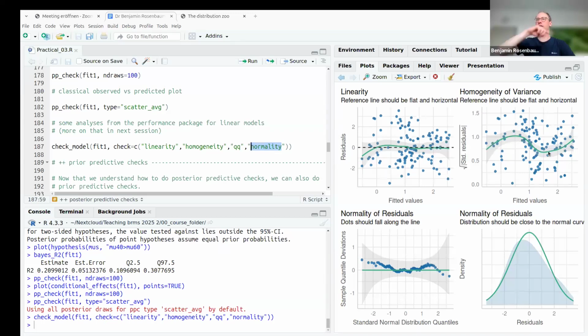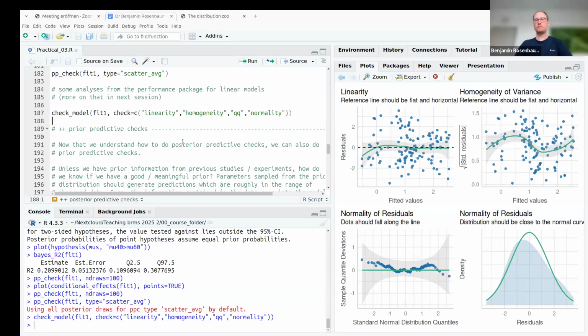This should be flat and you see an S shape, but I guess this is maybe just because there are not many observations in this range. And here the plot could be nicer, lining up more nicely. So maybe just using one predictor isn't enough to explain the variation in the data nicely. Okay, so we learned how we can perform predictive checks with the model, with the posterior.